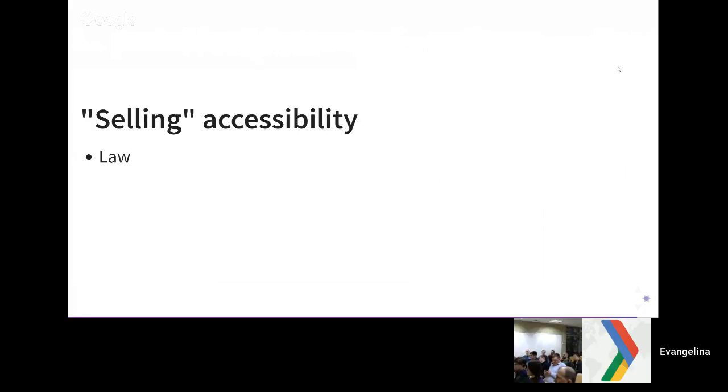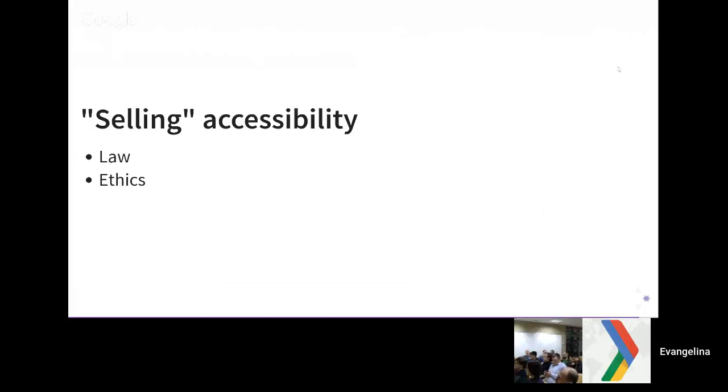Otherwise, there is no law that actually makes your website accessible. So you can have websites that have really bad code and don't have any accessibility in it, and there is no law behind it. But in some European countries, that is a thing and it can be really important.